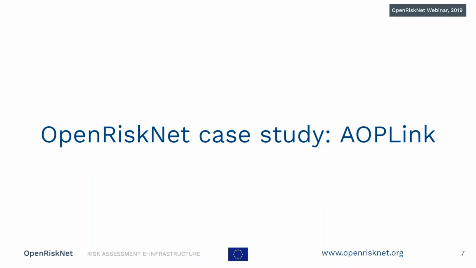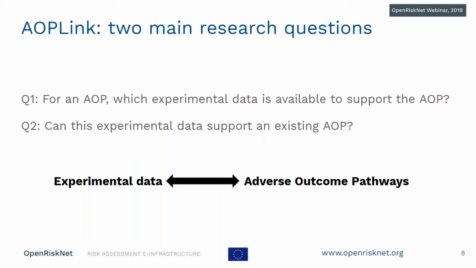This brings me to the core topic of this webinar, which is the OpenRiskNet case study called AOP-Link. So what is actually the AOP-Link case study? Basically, we are trying to answer two main research questions. We want to make the connection between experimental data and adverse outcome pathways.